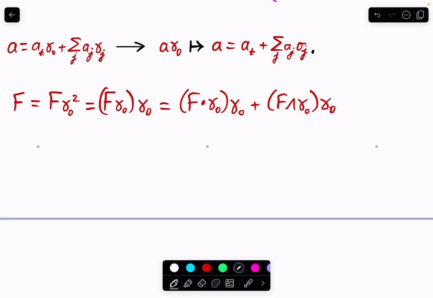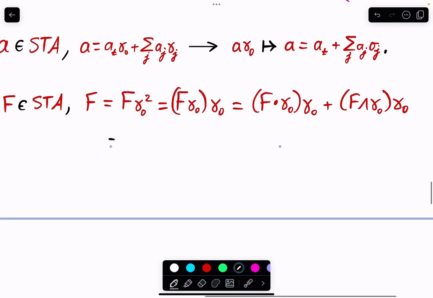And this gamma_0 right here, dotted with a bivector, is going to give a vector. So it's going to give gamma_j components, which then multiplied by this will map to sigma_j's.